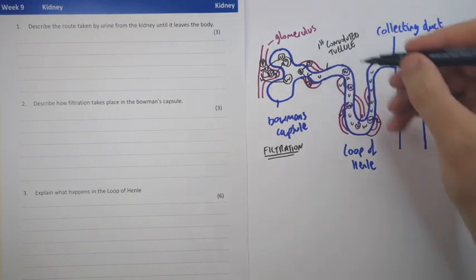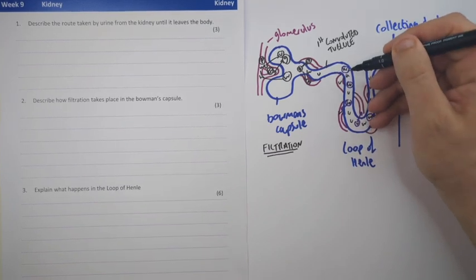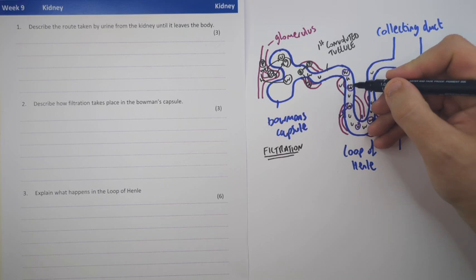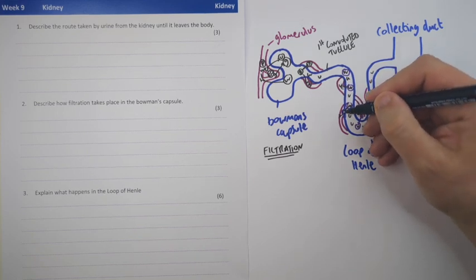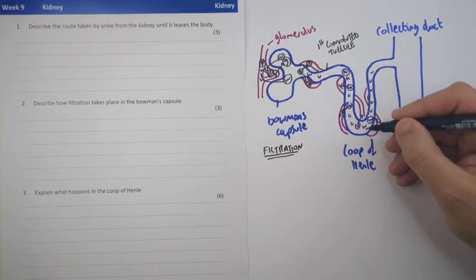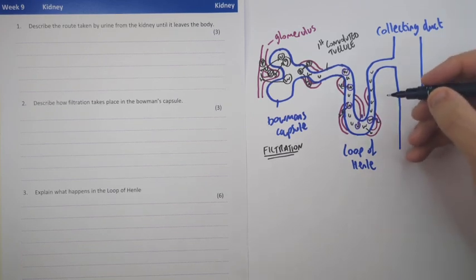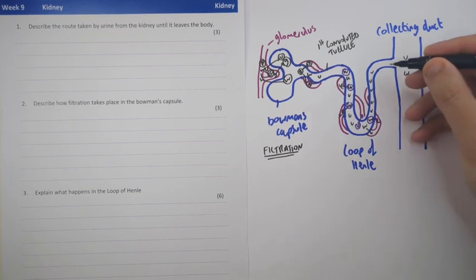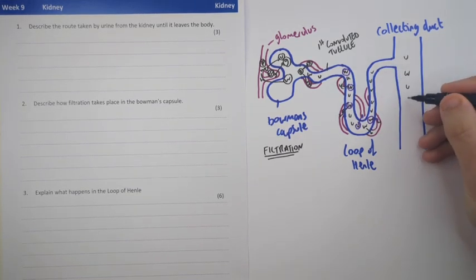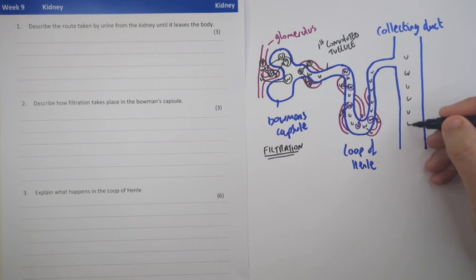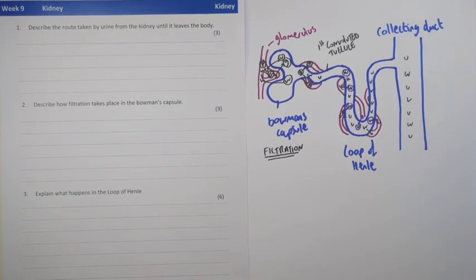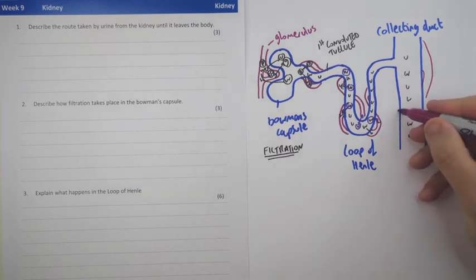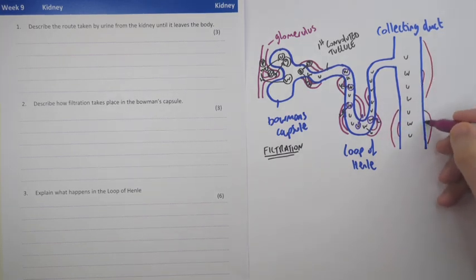Then you've got water and urea that now enter the loop of Henle, where water is reabsorbed into the blood by osmosis. Not all the water is absorbed here, so now we've got urea and water in the collecting duct. And of course, surrounding the collecting duct are capillaries.